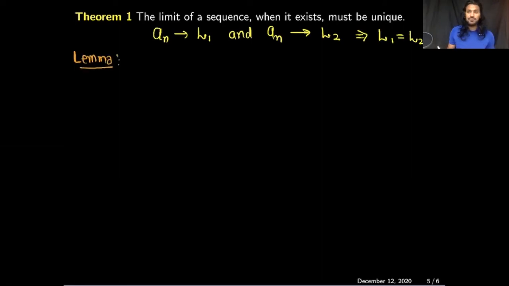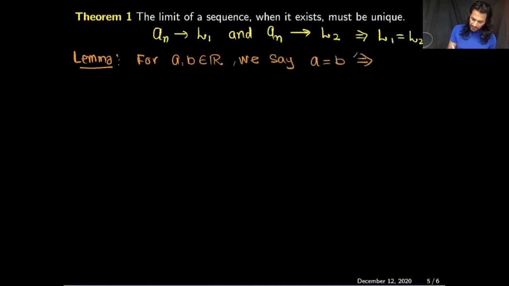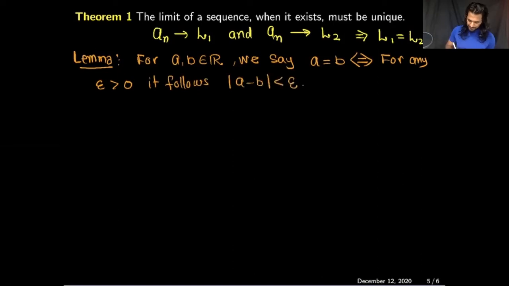The lemma says that for A and B belonging to the set of real numbers, A is equal to B if and only if for any epsilon positive, it follows that the absolute value of A minus B is less than epsilon.